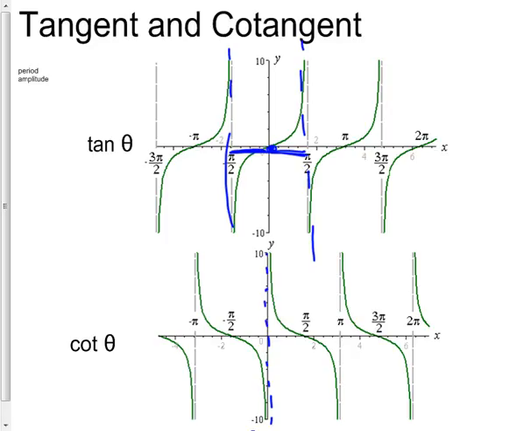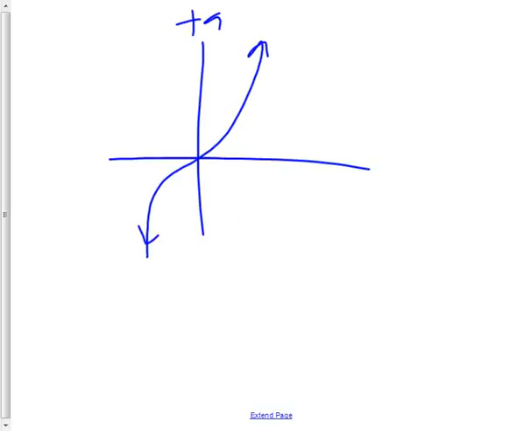All right, so you'd think that you just take tangent and you flip it over and you got cotangent, but you don't. All right, so let me give you a nice clean picture of tangent. Here's tangent. Dotted lines are at pi over 2 and negative pi over 2, making a total of pi between the dotted lines. And therefore its period is pi.